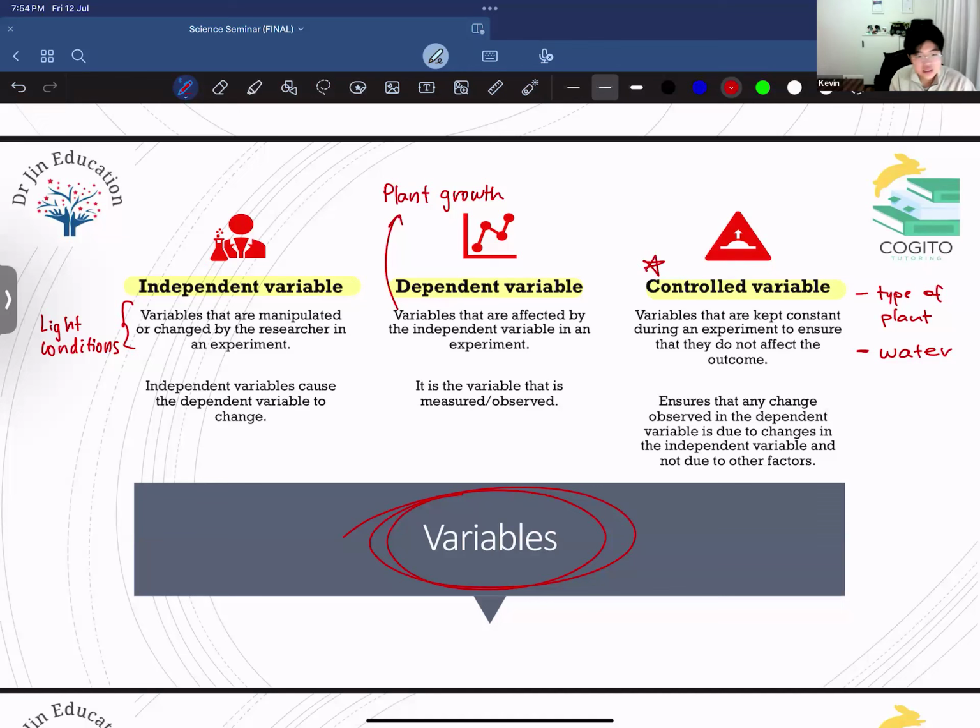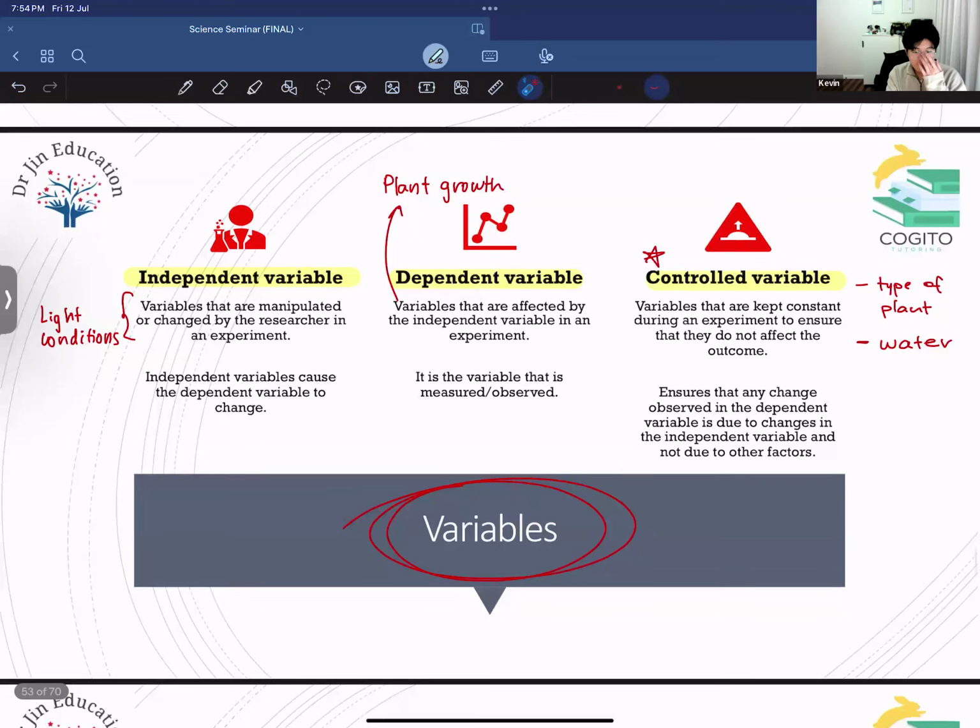I'm sure there may be others if you think more deeply about it, but it is very important to have controlled variables. Otherwise, the plant growth will be affected by too many things, and you won't know that it's because of the light conditions. So it ensures that any change observed in the dependent variable is due to changes in the independent variable and not due to other factors.